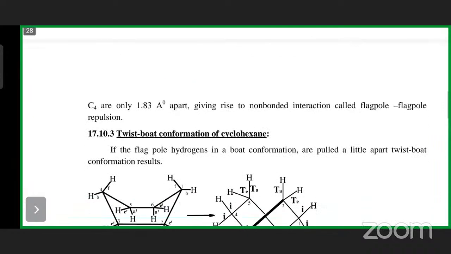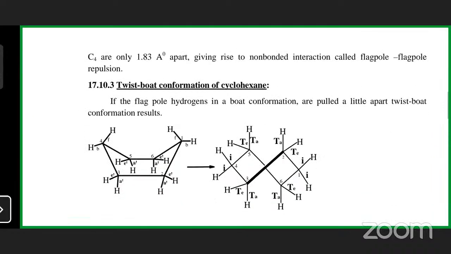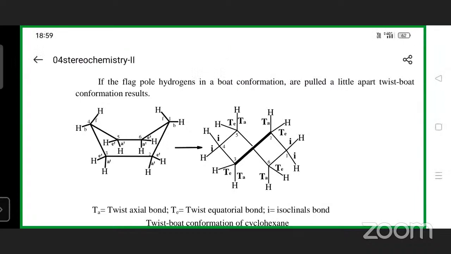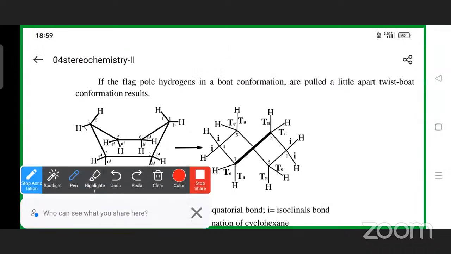And this boat is further going to convert into the twist boat. The twist boat is somewhat more stable than the boat conformation, because in the twist boat these hydrogens are away from the plane.